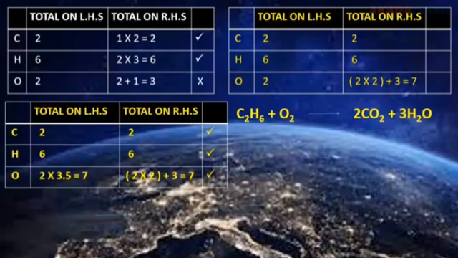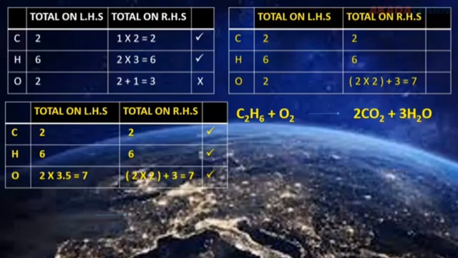Now take a look at this table. Let's go straight to oxygen, because the carbon and hydrogen have already been balanced. If we multiply oxygen, which has only 2 atoms on the left hand side, by 3.5, we will get 7. That's 3.5. We will get 7, which equals the 7 on the right hand side.